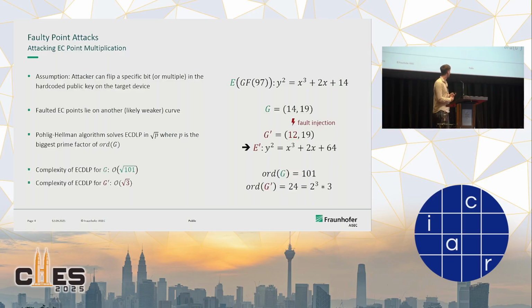And now what we're looking at is how easily we can solve the ECDLP, which is basically what gives the security to these signature schemes. And we can generally solve it with the Pollard rho algorithm in square root of p. And p is the biggest prime factor of the order of the group that is generated by the point that we're looking at.